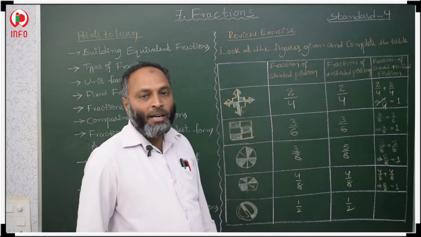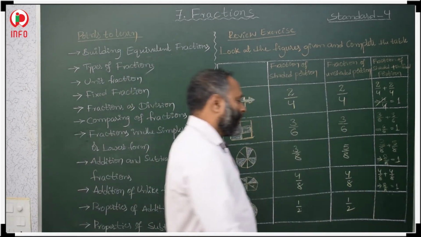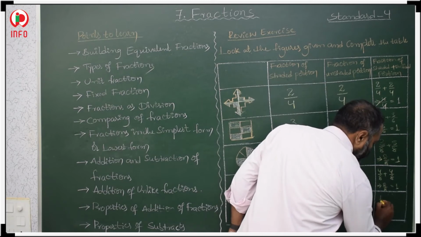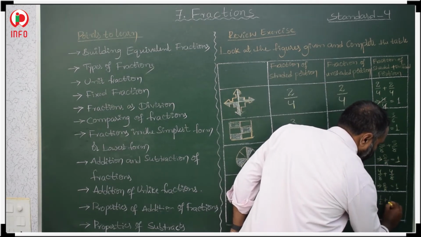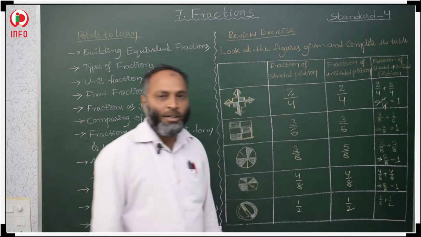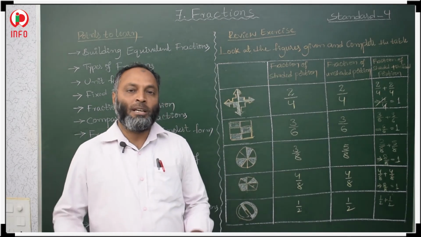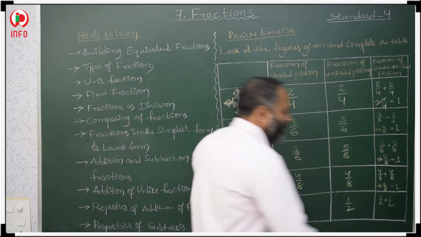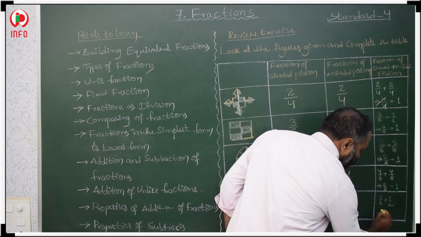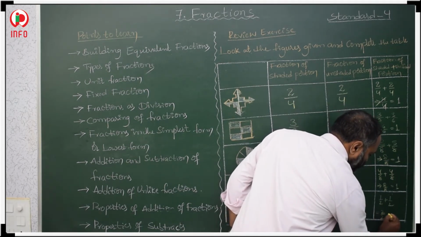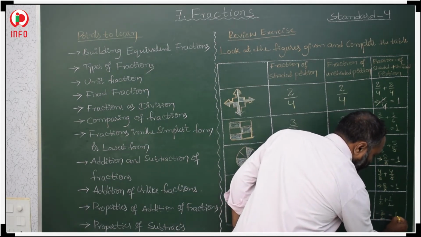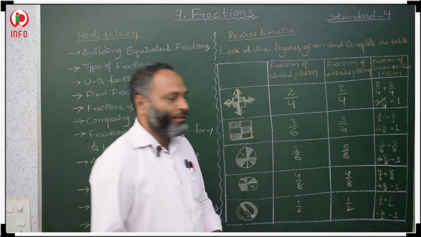Now we add shaded and unshaded. Shaded is half and unshaded is half. 1 by 2 always represents half of the portion. Then 1 plus 1 is 2, so 2 by 2. Numerator and denominator are the same, so the answer is always 1.